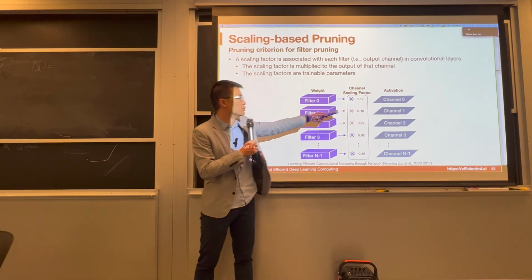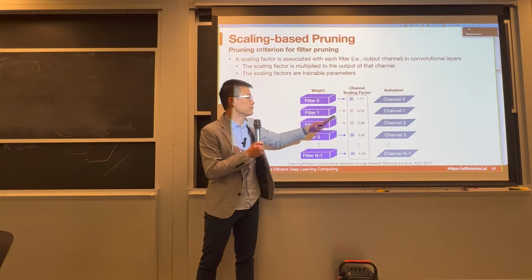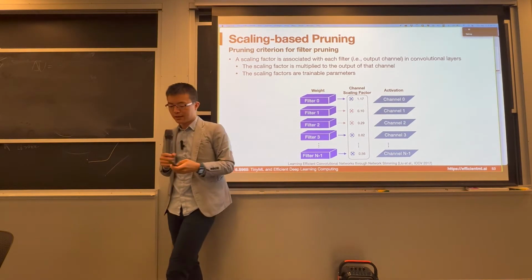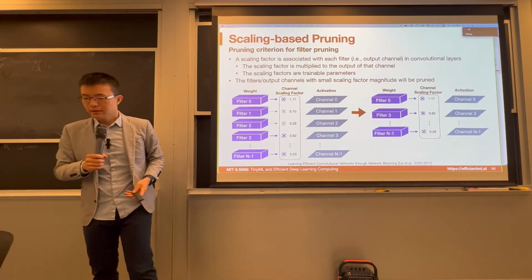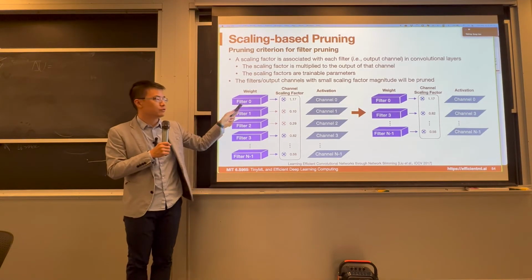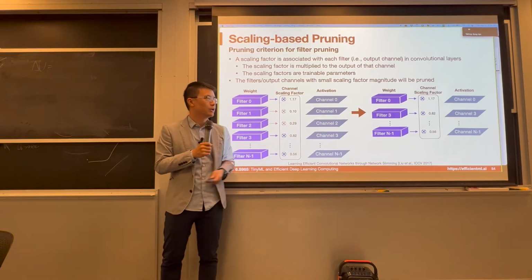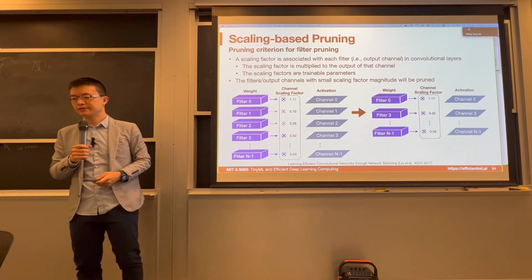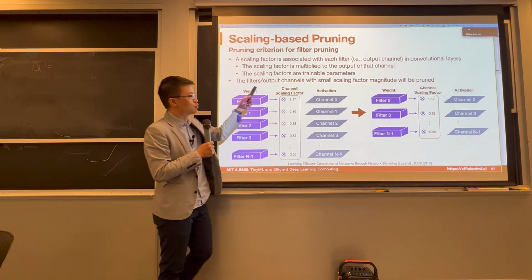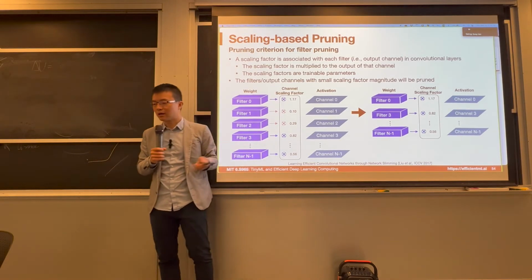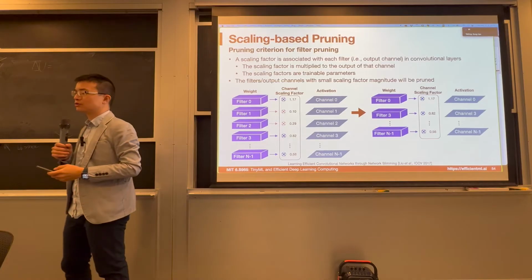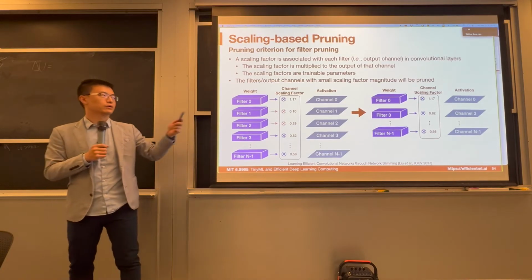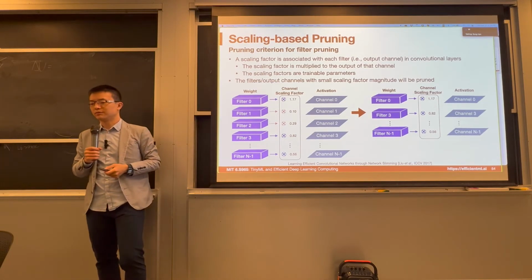In this case, we remove filter 1 and filter 2. So before pruning, we have N filters. Now we removed 2 filters. We have N minus 2 filters in this case. So this is a trainable method that can encourage some of the channels to be closer to 0 so that we can select them and prune them away.